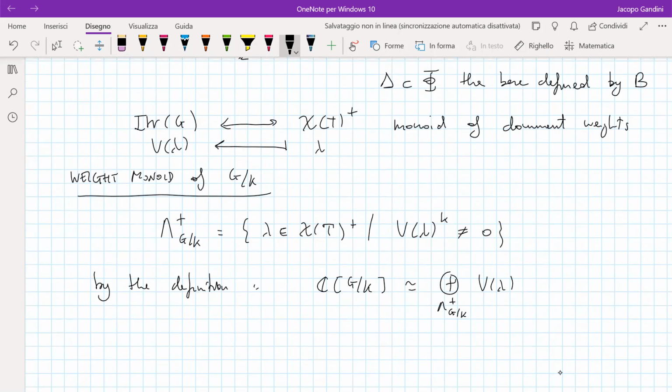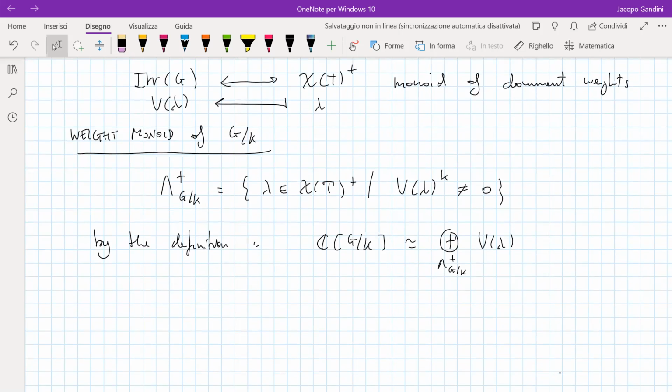Actually, there should be some dual, but we can get rid of the dual because K is reductive. So this is fine. I'm not hiding anything. It's not a trick. Namely, this weight monoid is precisely the set of weights occurring in this coordinate ring. This corresponds to the irreducible representations that we want to multiply. Also, to be more precise, let me write here, not an isomorphism, but let me use this notation.